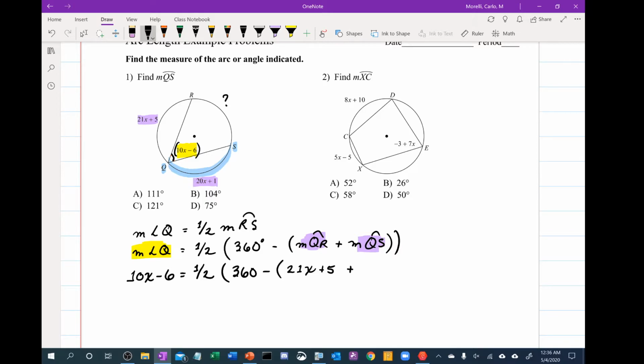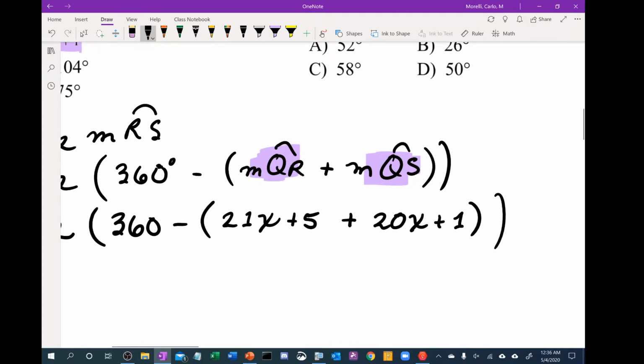And we're going to add that to the measure of arc QS, which is 20x plus 1. Okay, that goes in its own little parentheses, and then there's the bigger parentheses at the end to cap off that 360. So how do we proceed?